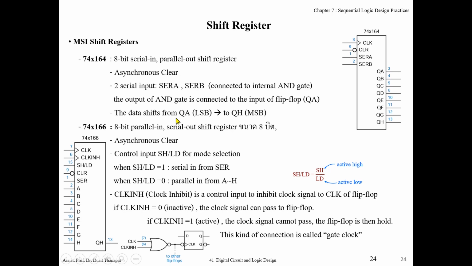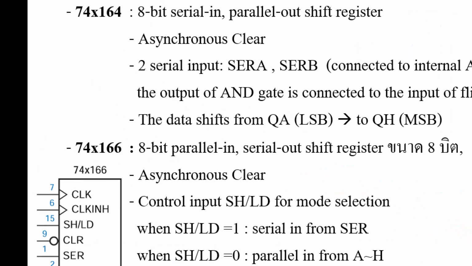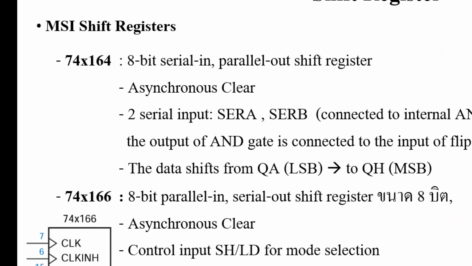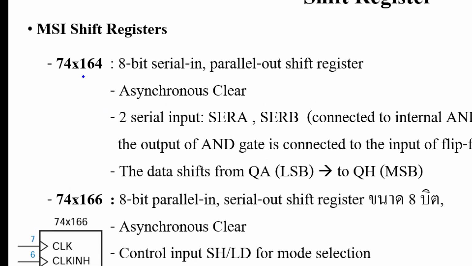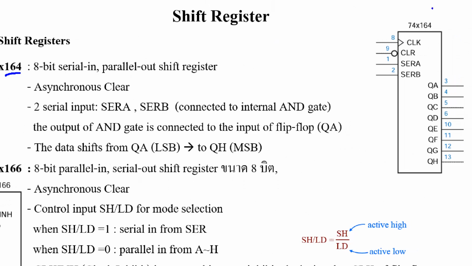So we're going to show examples of medium scale integrated circuit chip registers. The first one is 164. This one is an 8-bit chip register.